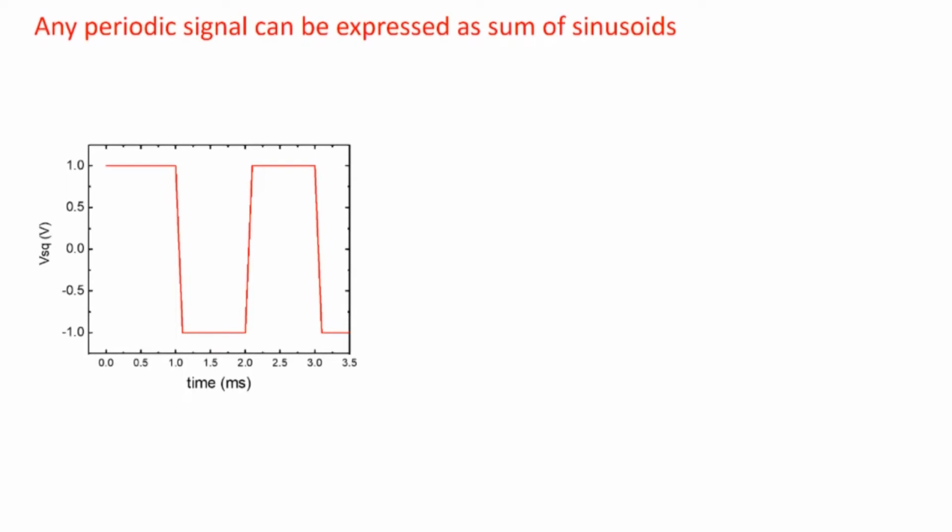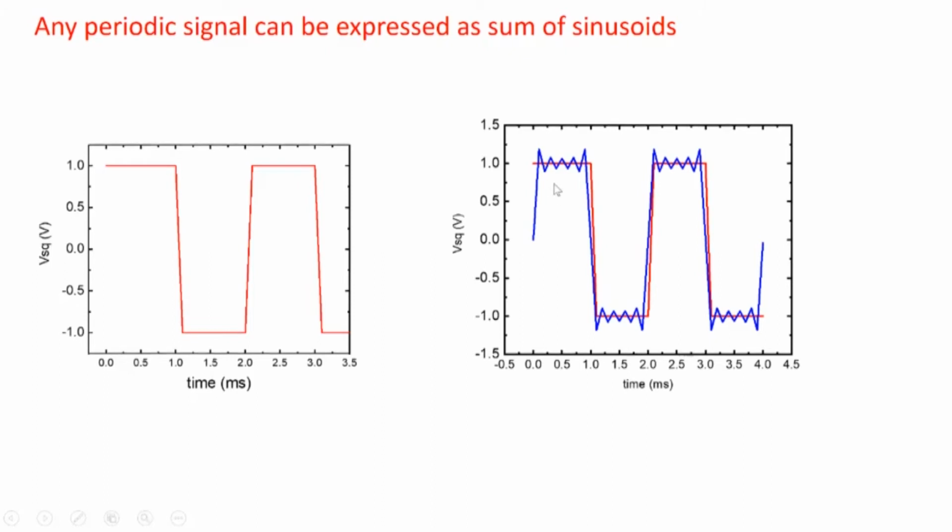The other thing is, even if a sinusoid is not of direct interest to us, any periodic signal can be expressed as a sum of sinusoids. You've all learned the concept of Fourier series. So let's say your interest is in a square wave, which goes from 1 to -1, a periodic square wave like this. It's easy to show through Fourier series that we can express it as a sum of sinusoids.